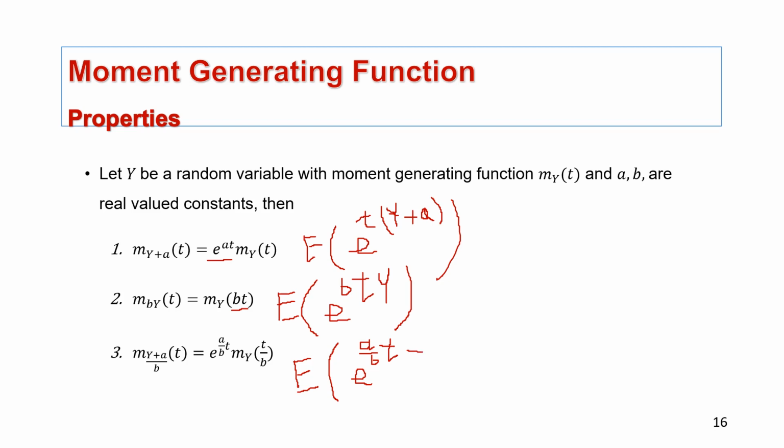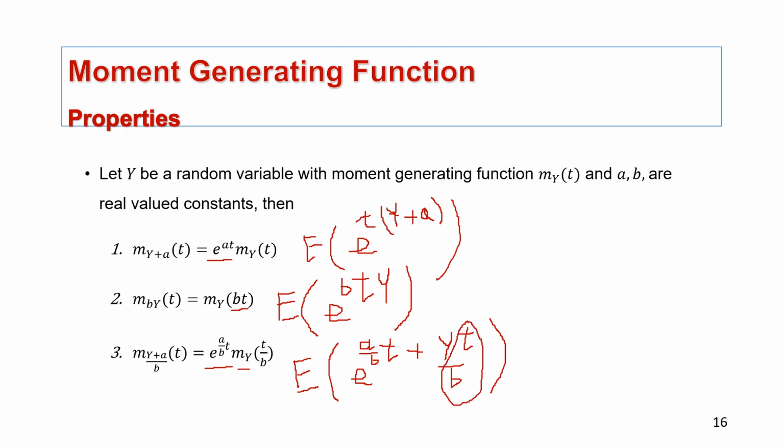But then I will have y over b t plus a over b times t, which is equivalent to e to the power a over b t times the moment generating function of y.